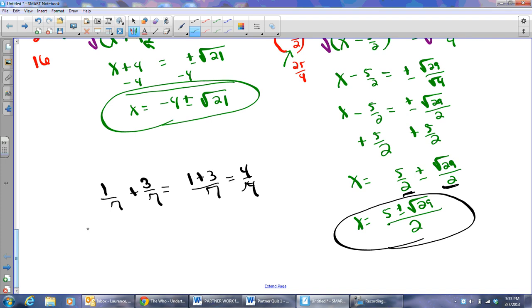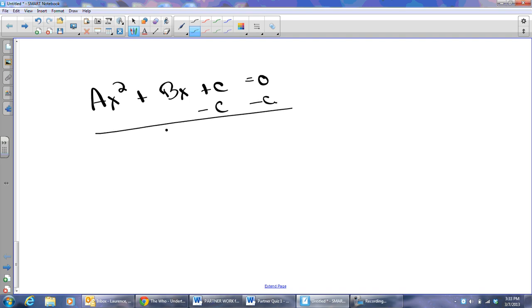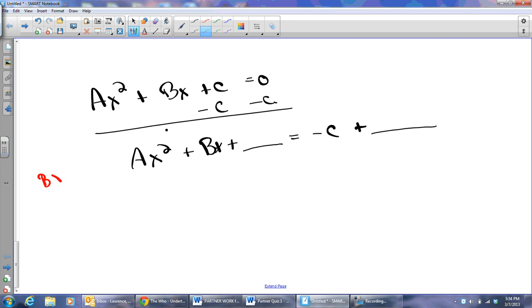That is completing the square. So remember, when you have, say, ax squared plus bx plus c equal to 0, or it doesn't have to equal 0, it could equal another number. First thing I do is subtract c. I get ax squared plus bx plus a blank equals negative c plus a blank. Now, I take half of b, and then I square that.